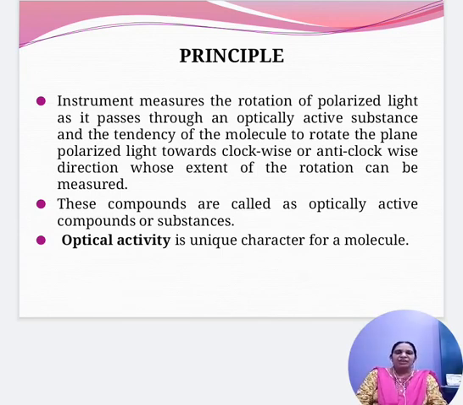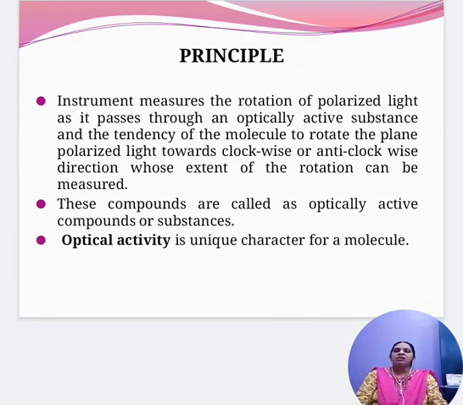So what is this optical activity? I'll be telling you. The instrument which is used to measure the rotation of the polarized light as it passes through an optically active substance, and the tendency of the molecules to rotate the plane polarized light towards clockwise or anti-clockwise direction, whose extent of rotation can be measured, this is the principle of polarimeter.